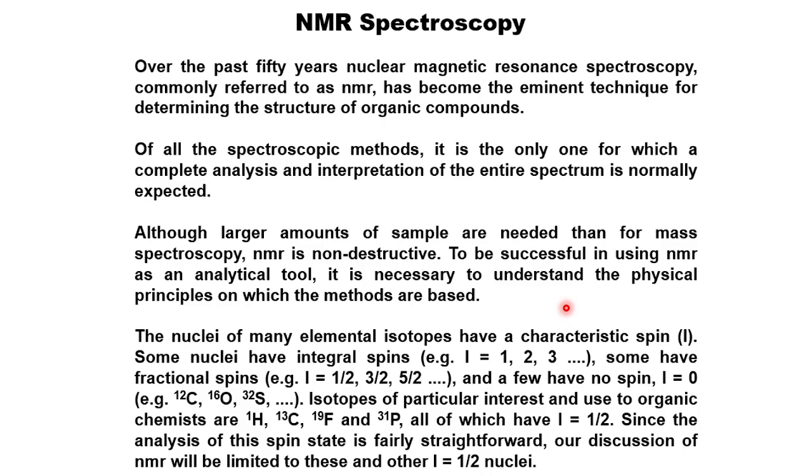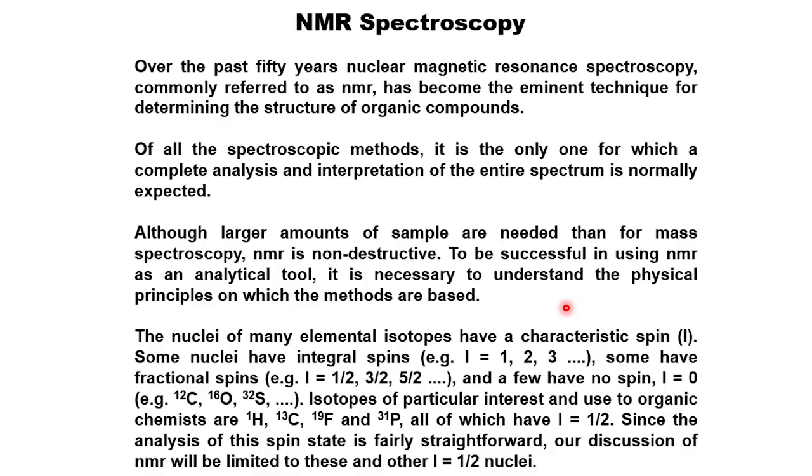Now, the name of the spectroscopy, nuclear magnetic resonance, says that there is a nuclear spin. That's why "nuclear" is associated with this spectroscopy. And there is another term, magnetic.